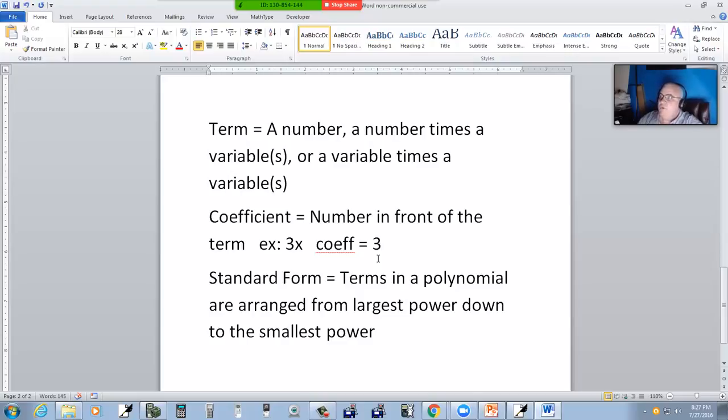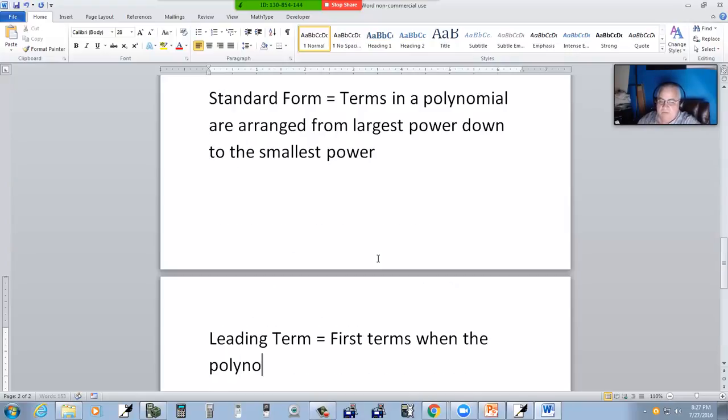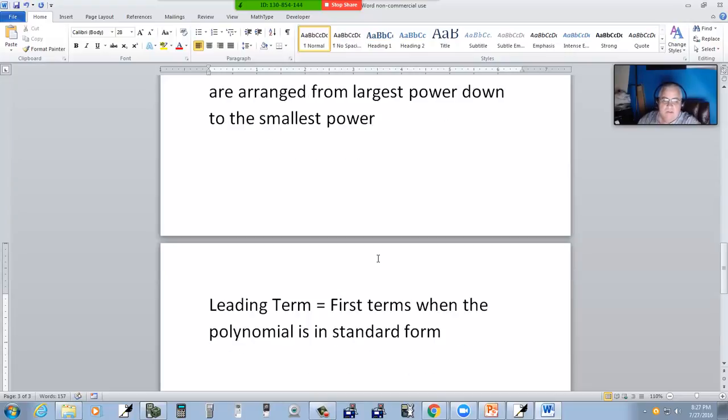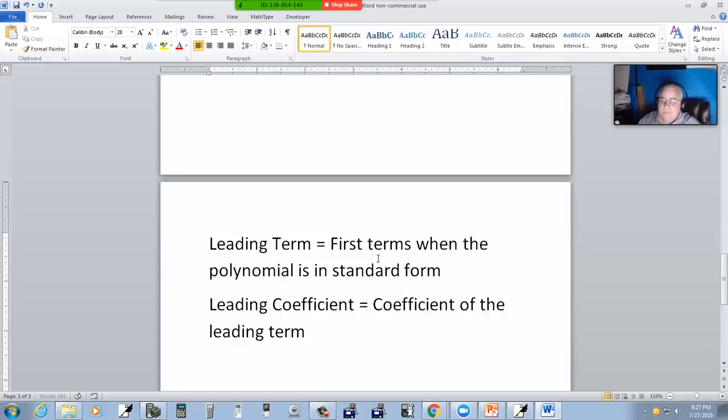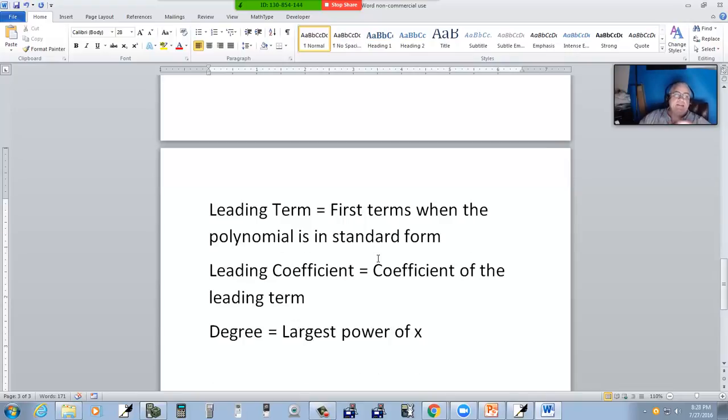Now when it's in standard form, your leading term is the first term when the polynomial is in standard form. The leading coefficient is the coefficient of the leading term. And we have a degree, which is our largest power of x. Now we know it's a little bit more than that, but that's the definition we'll go with.